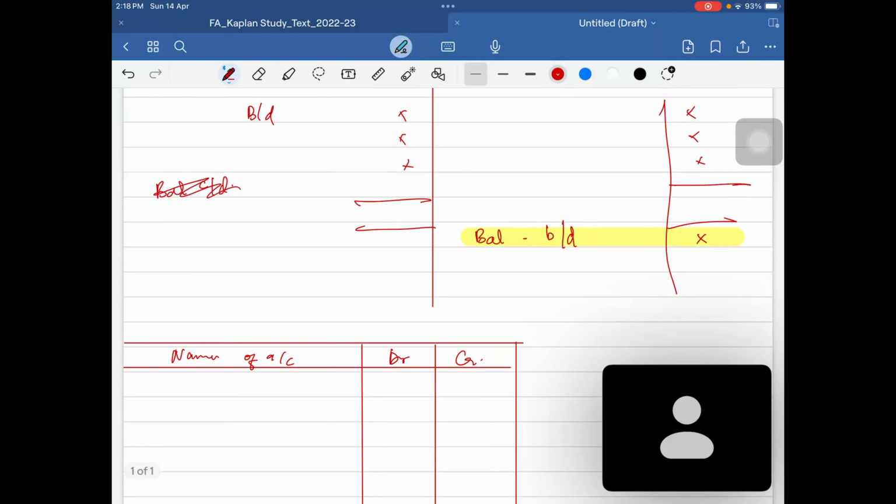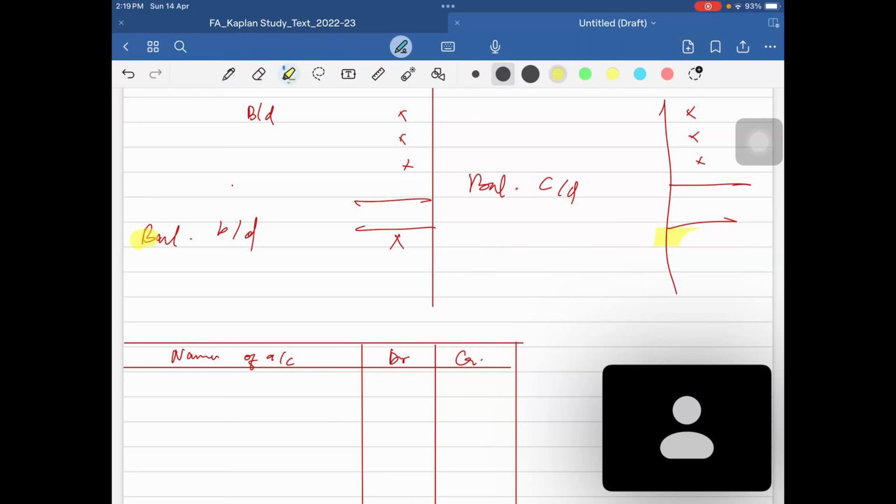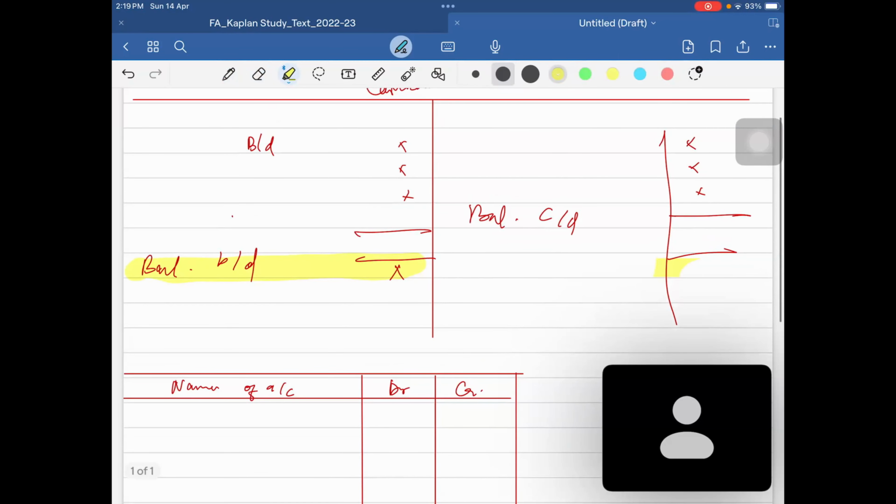Now, if it is bank, it's more likely that we have a debit balance. The balance carried down is going to be here, and the balance brought down is going to be here. When I say the balance, it is always the balance brought forward that we are looking into.